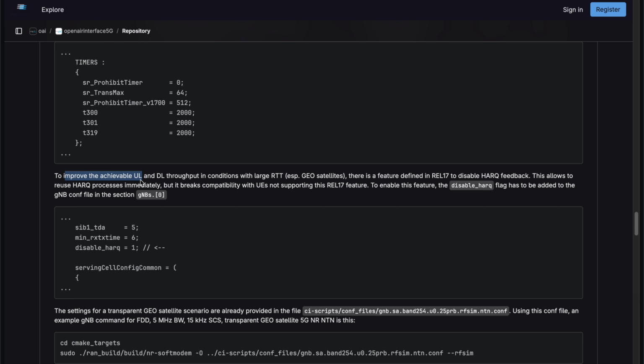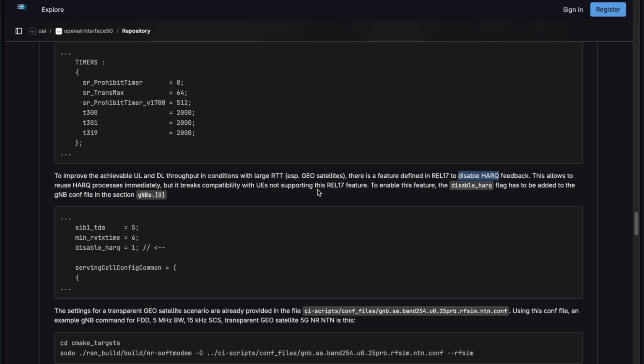When we talk about NTN, the very big challenge here is the throughput and latency, right? Because latency is pretty high as compared to terrestrial networks in case of non-terrestrials. So in order to improve the throughput, what we can do in case of NTN is there is a feature called disable HARQ, right?